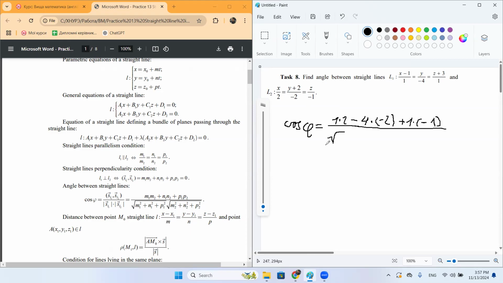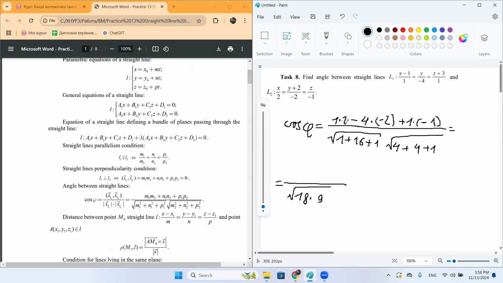And so 1 plus 16 plus 1. 4 plus 4 plus 1. Okay, it seems that we have convenient square roots. So let's write here 18 by 9. We don't need to multiply, so maybe something will be reduced.